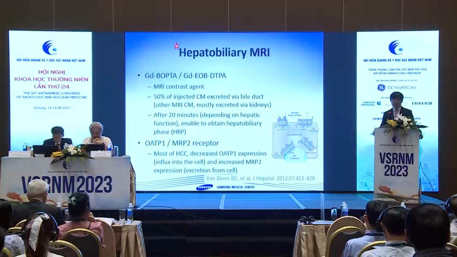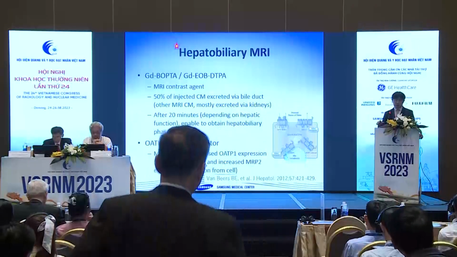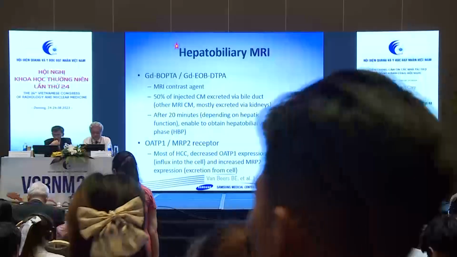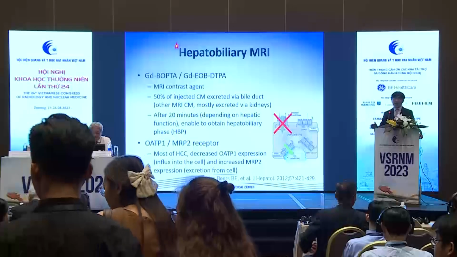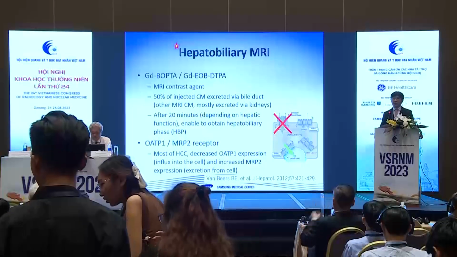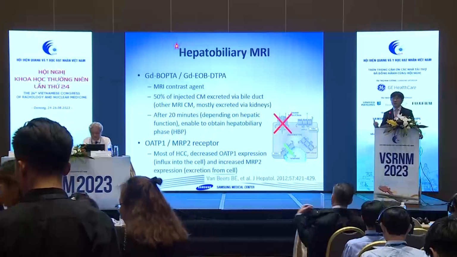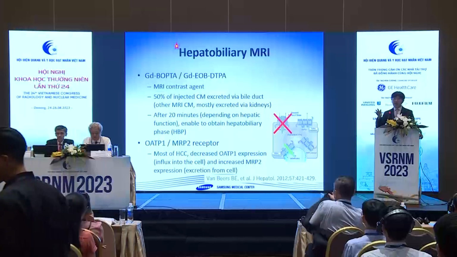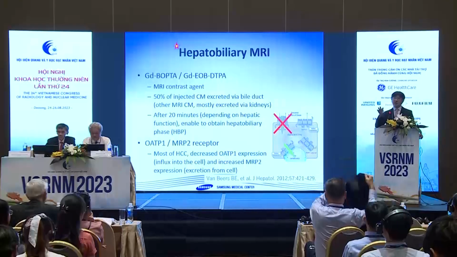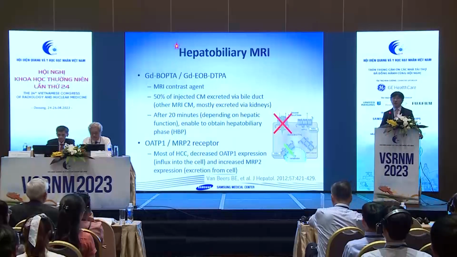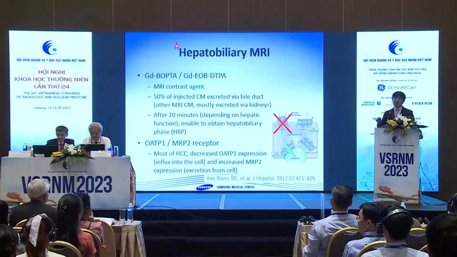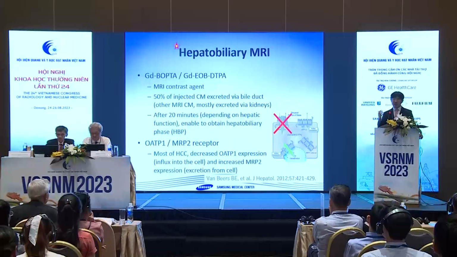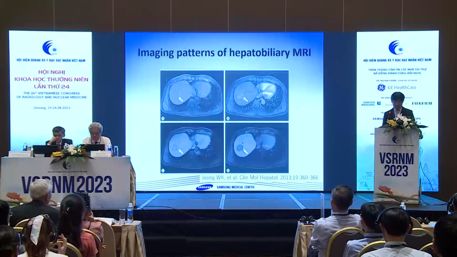But most HCCs have decreased OATP receptor, so contrast media influx into the cell is blocked, and the hepatoma cell shows a defect of the contrast media. So the background hepatocyte is well enhanced and the hepatoma is a defect, and we can easily detect the hepatic tumor.